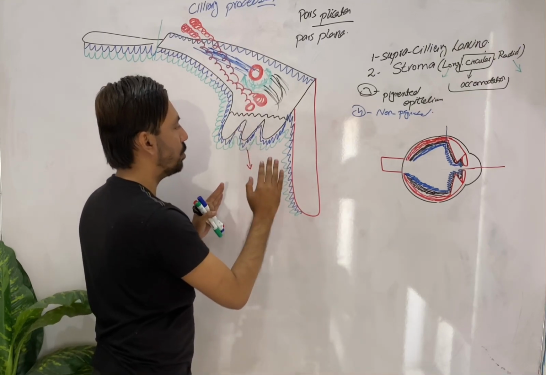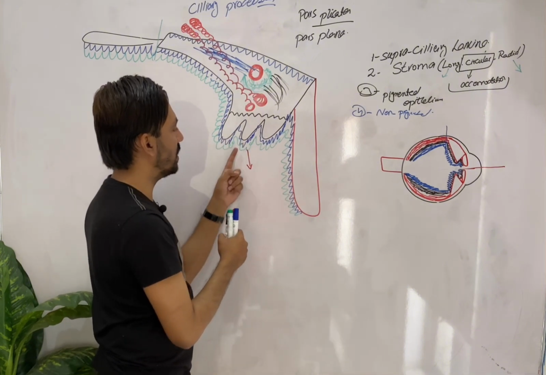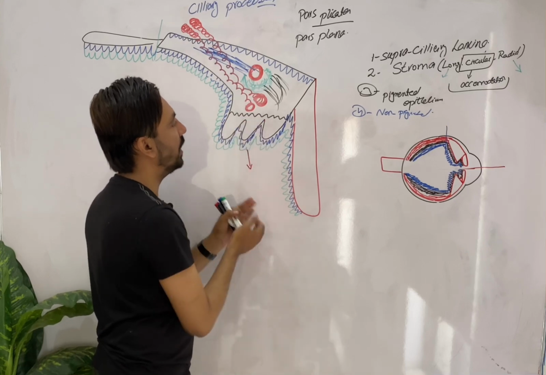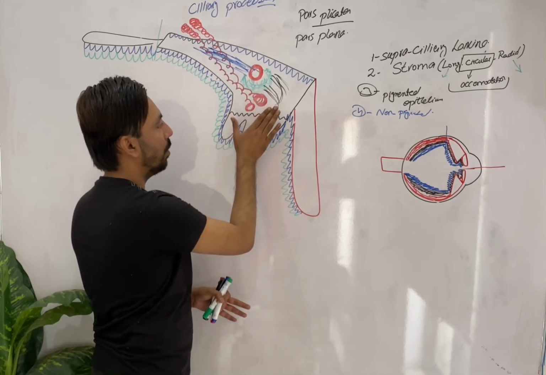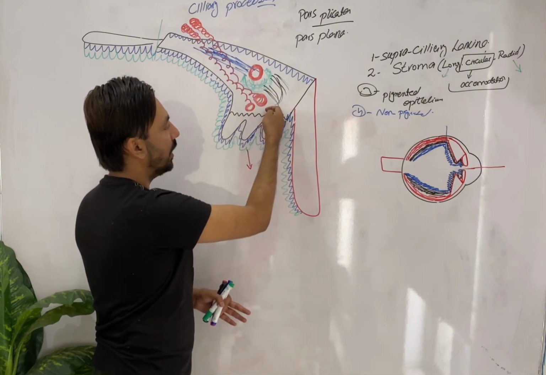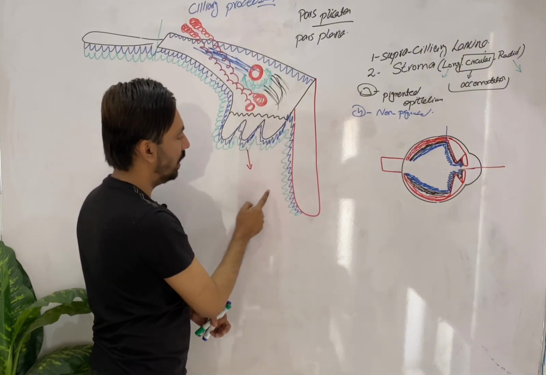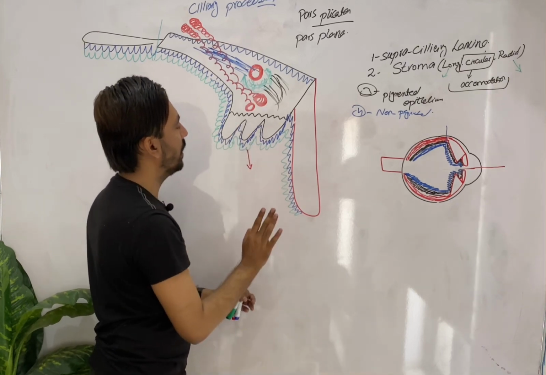The backflow is totally prevented. And who is preventing this backflow? The ciliary processes, the non-pigmented epithelium, and the blood-aqueous barrier. Only the ciliary body can produce aqueous humor into the posterior chamber, but the backflow is impossible.